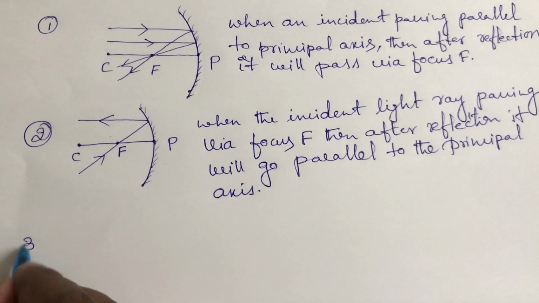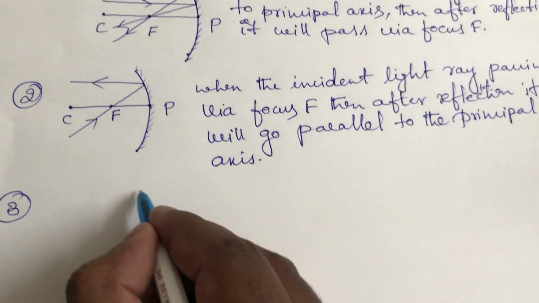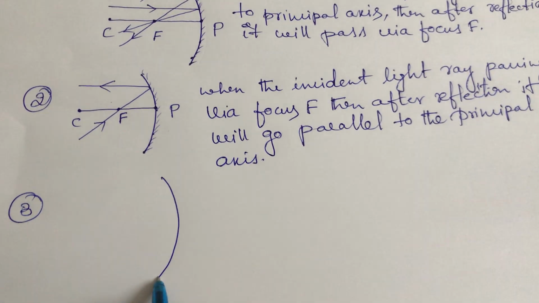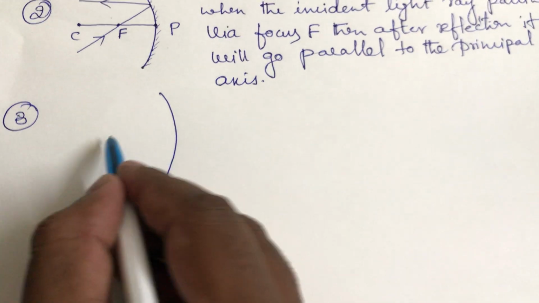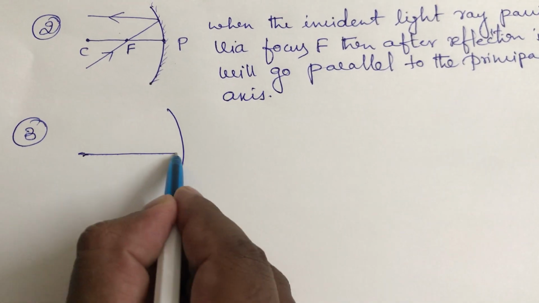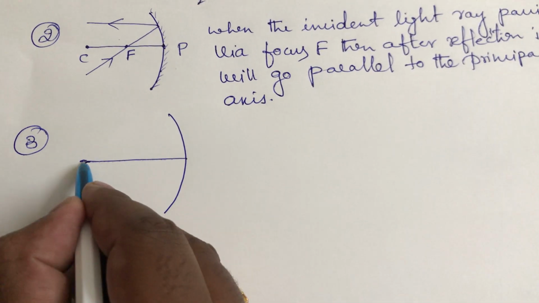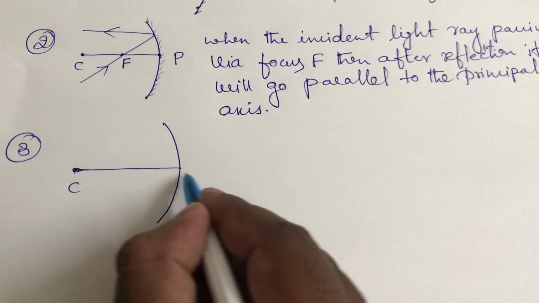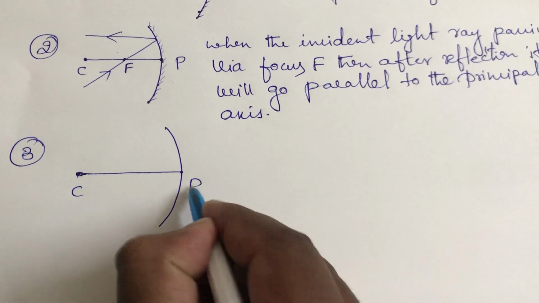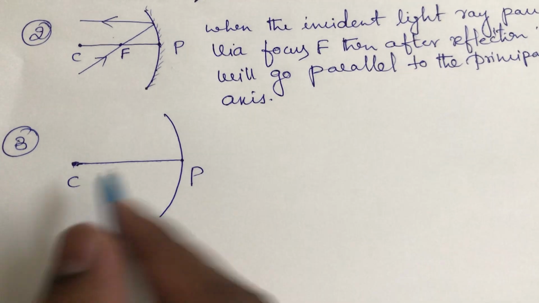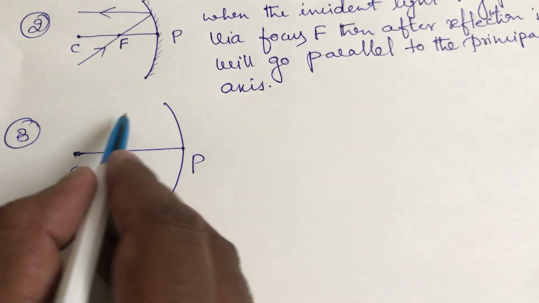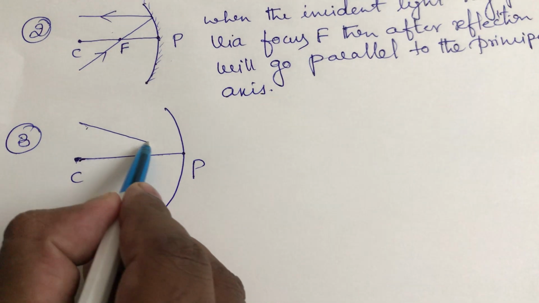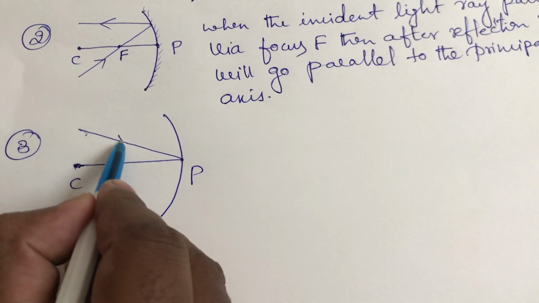In the third case, let me take another concave mirror, with the principal axis which joins C and P. P is the pole of the mirror, C is the center of curvature. Now the incident light ray will hit the pole.